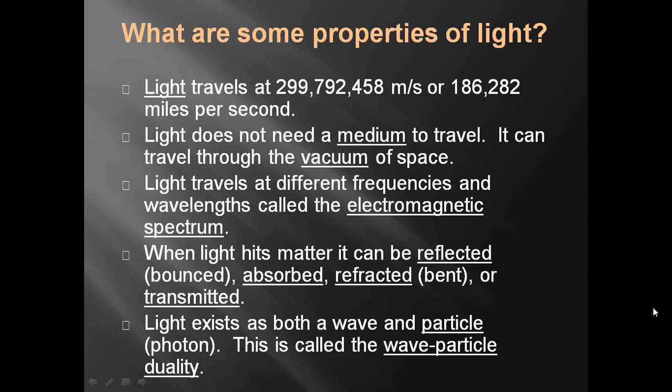All the range of light types is contained in what's called the electromagnetic spectrum. And light, when it hits matter, can either be reflected, absorbed, refracted, or transmitted. Also, light exists two ways at the same time, both as a particle, a photon, and as a wave.